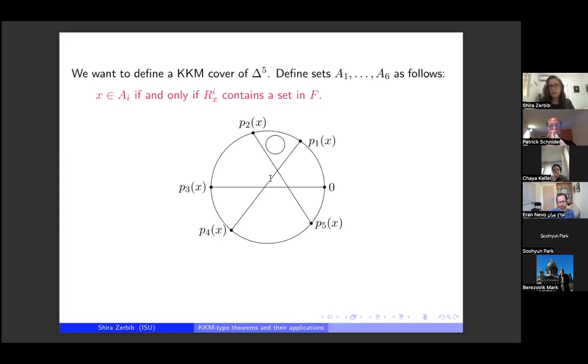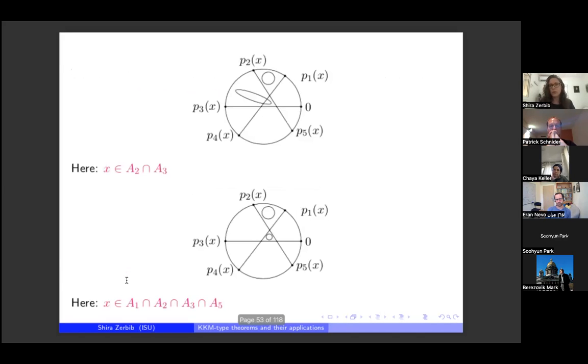So here is an example. Suppose this is X. These are the regions corresponding to X. And there is a set of F here, in the second region corresponding to X. Then in this case, X will be in A2. And here is another picture. Suppose there is this set from F here, but another set here.